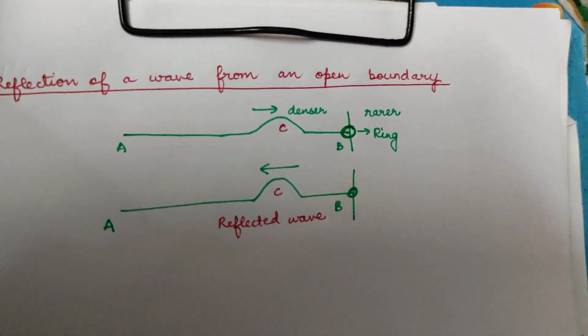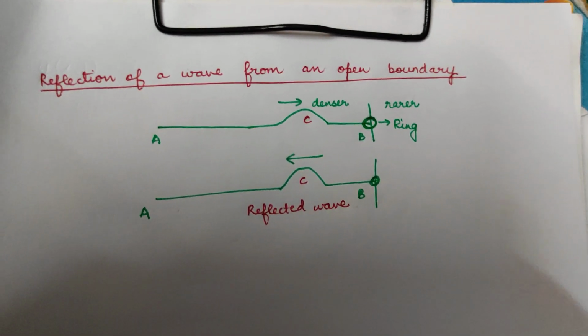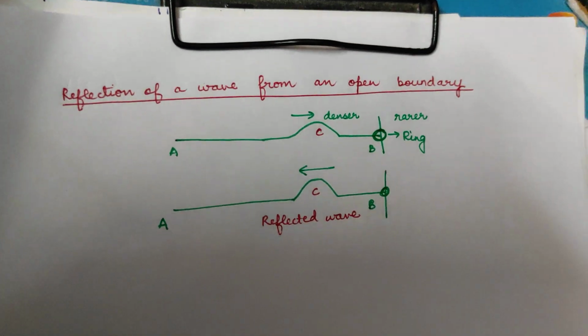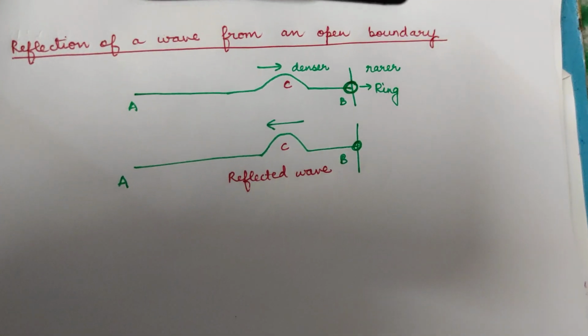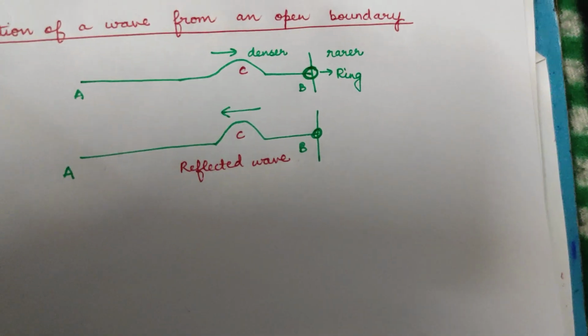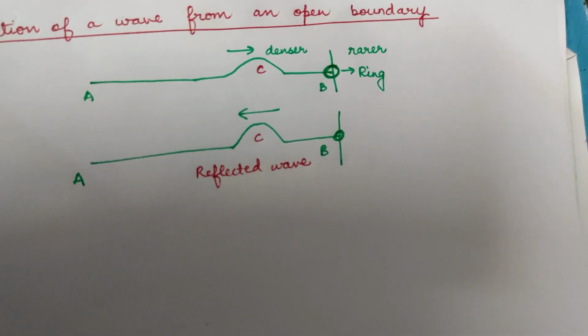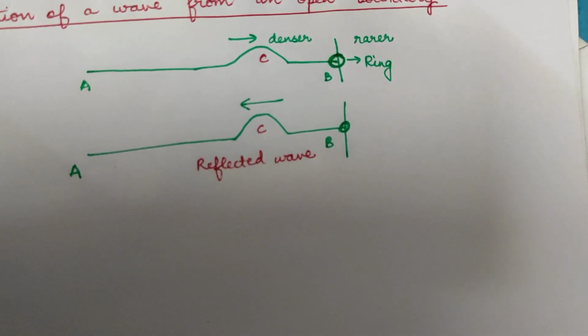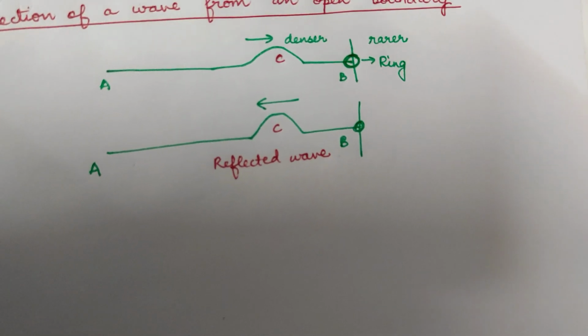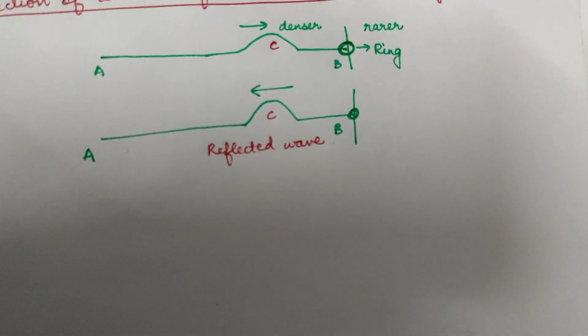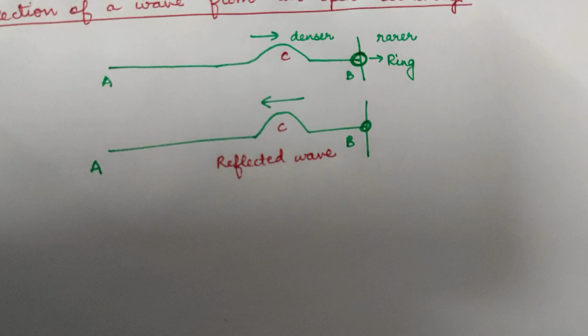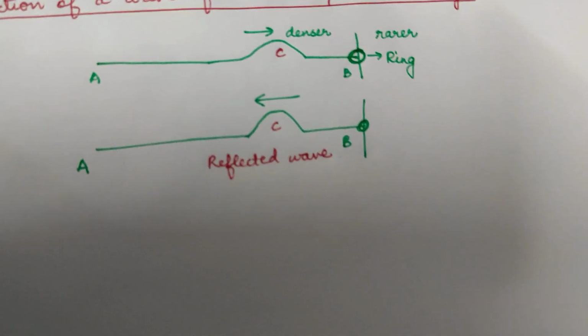That is why this is also known as a free end or an open boundary. Is it clear? So we can say that there is no friction present, and that is why the ring is allowed to move.